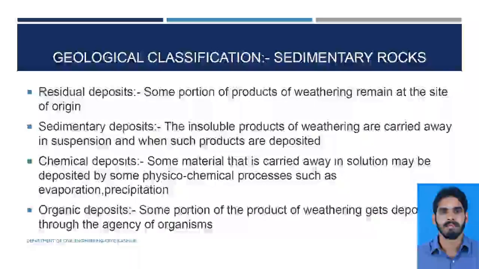The seminar may commence at 9:10, and only 20 or 30 students may have gone. The other 40 students won't obey me; they won't come in time. So there will be some residues. There will be some portion of the products of weathering that remain at the site of origin. They won't go anywhere. They remain there itself. They are known as residual deposits.